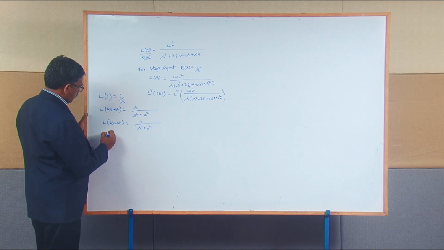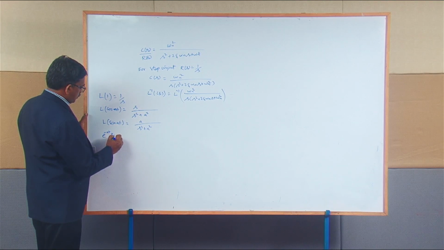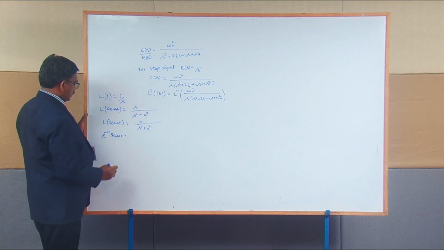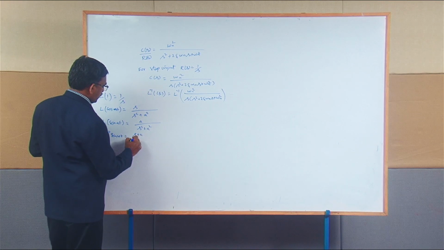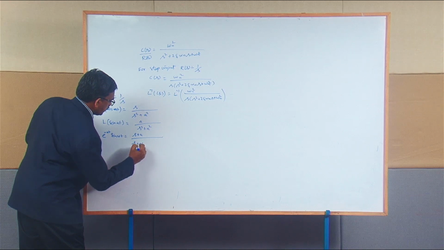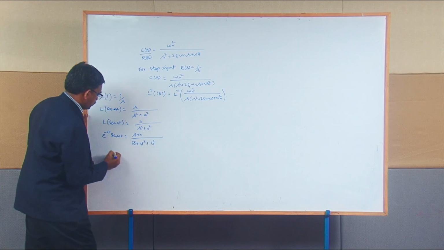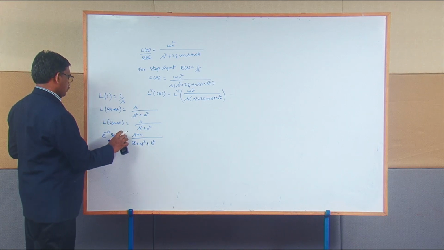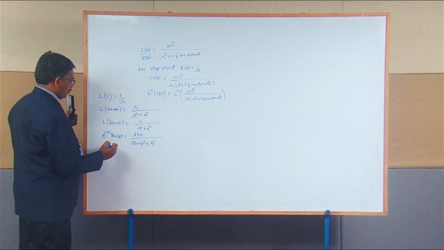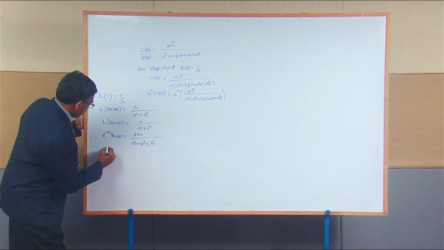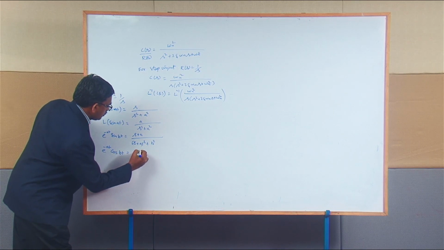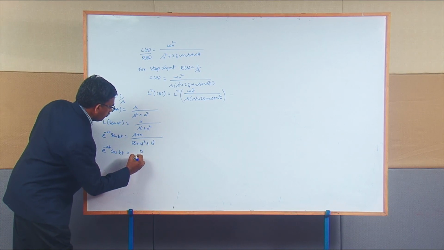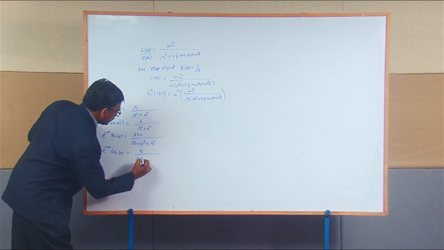L of e power minus a t cos b t is equal to s plus a divided by (s plus a) the whole square plus b square, and L of e power minus a t sin b t is equal to b divided by (s plus a) the whole square plus b square.